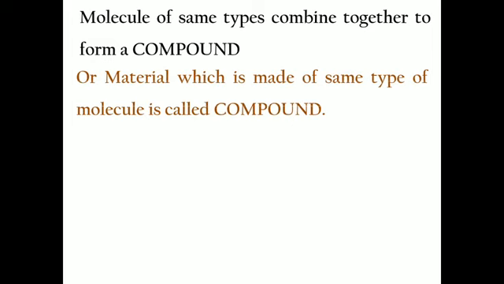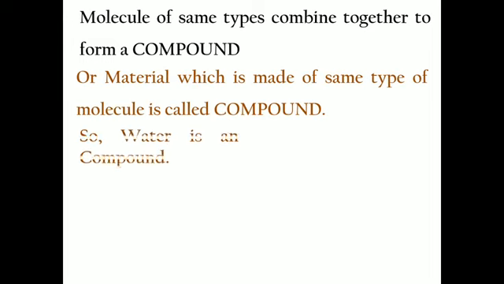So element and compound are the two types of substance available in our surroundings. An element is made up of atoms, and a compound is made up of molecules, and molecules are further made up of different types of atoms. So a material which is made up of the same type of molecule is called a compound.